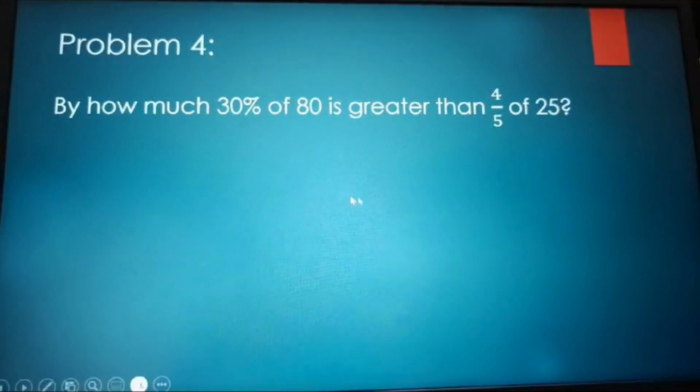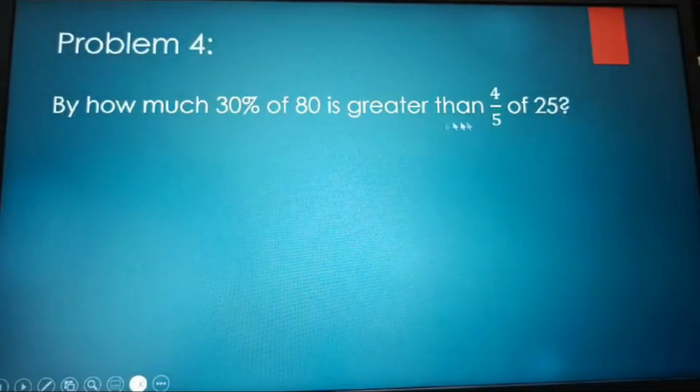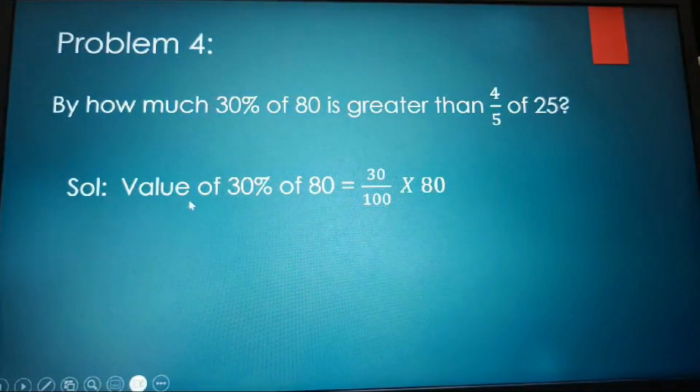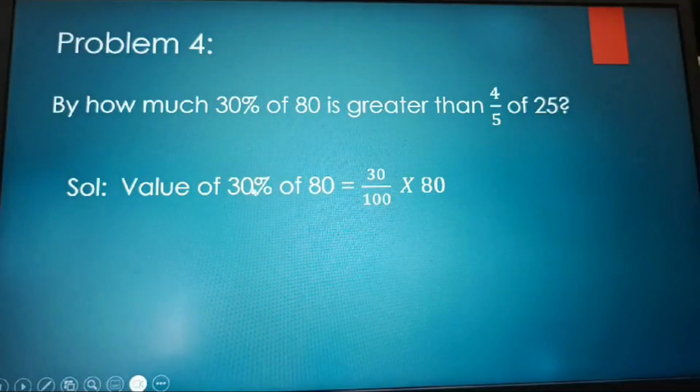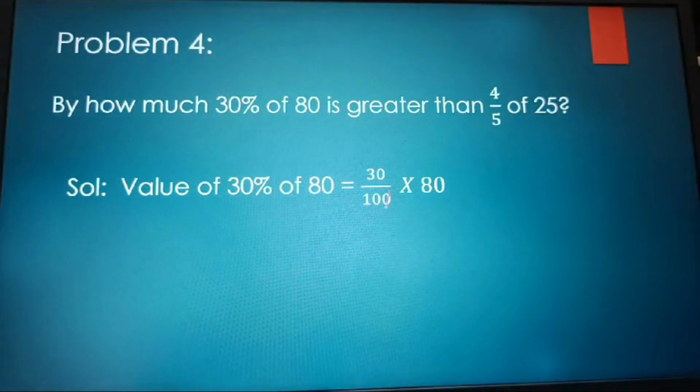The fourth problem is, by how much 30% of 80 is greater than 4 by 5 of 25. So we find now 30% of 80. That is, 30% means 30 by 100 into 80. So if we cancel this, 0 and 0 cancel, 0 and 0 cancel. 3 8s are 24. So 30% of 80 is 24.